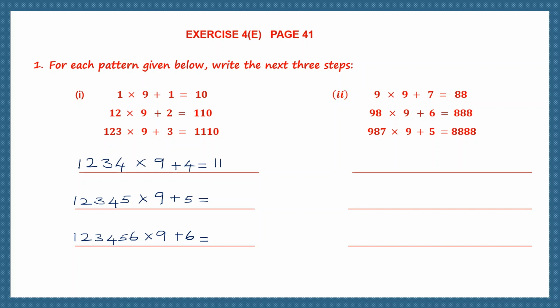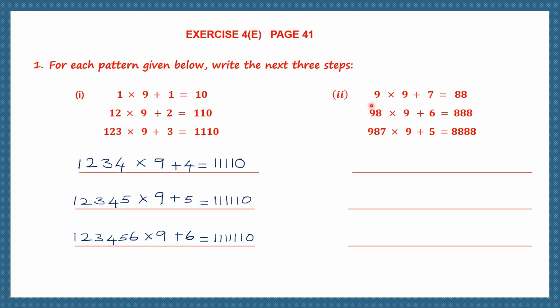So 1, 2, 3, 4 and a 0. This will be 1, 2, 3, 4, 5 and a 0. 1, 2, 3, 4, 5, 6 and a 0. So here we have completed the patterns. We have observed the patterns in the first 3 rows and we've got the next 3 steps. Now let's go to the second one.